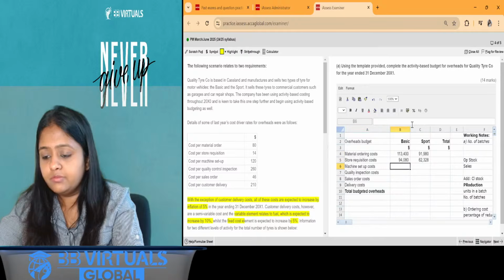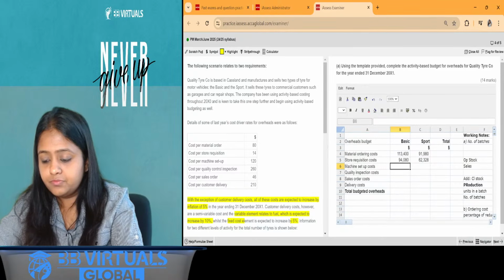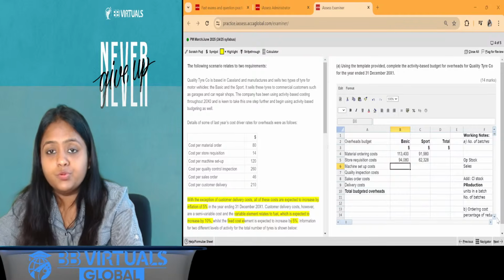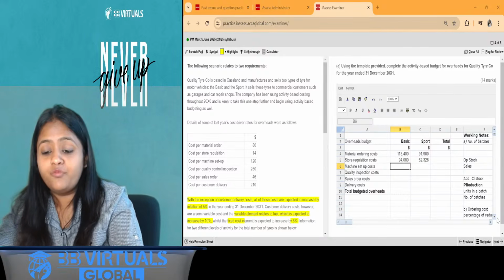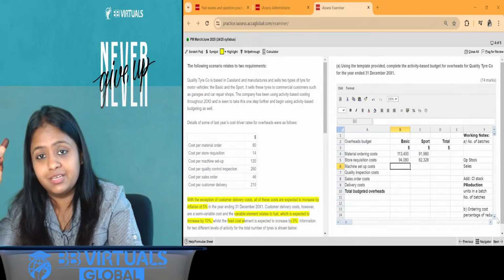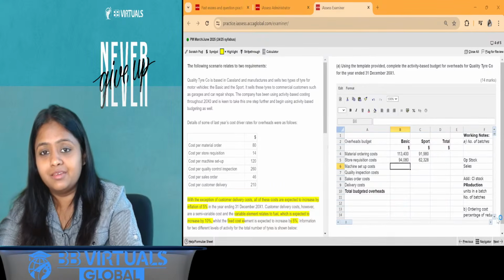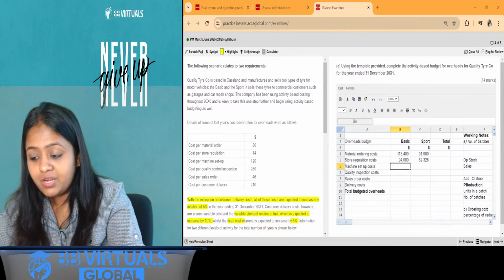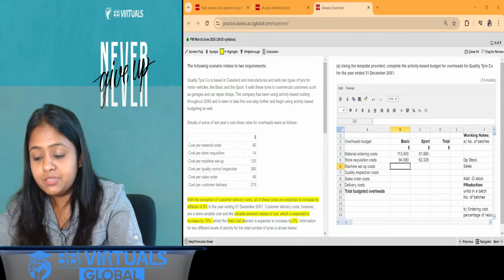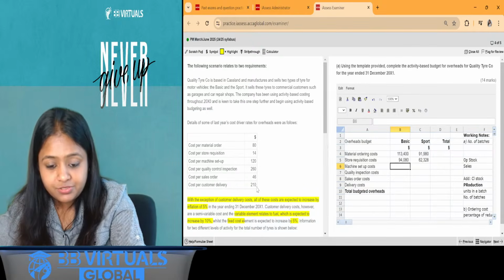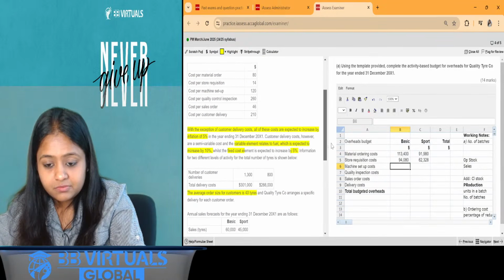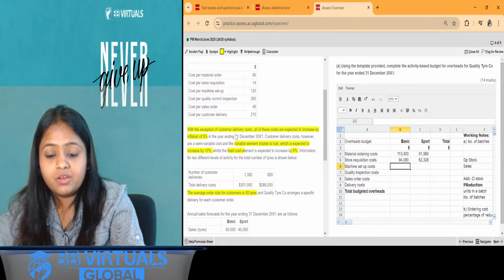Then we will go to the third one, machine setup cost. We will do it, but for which cost is the variable element and the fixed element of cost given? For delivery cost. So when we come to delivery cost, we will do that. Right now we are taking the cost of each overhead step by step. Clear? In material ordering cost, there is no role of the variable element. Read the question. When you read the question, what is given here? Customer delivery costs are a semi-variable cost.